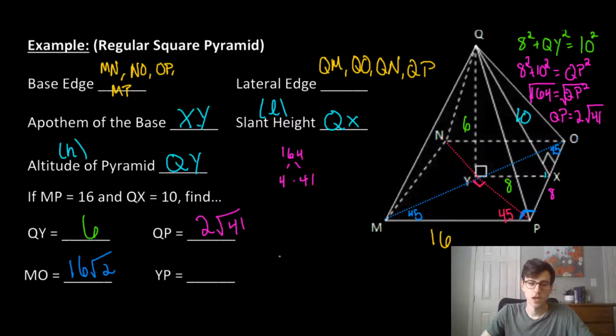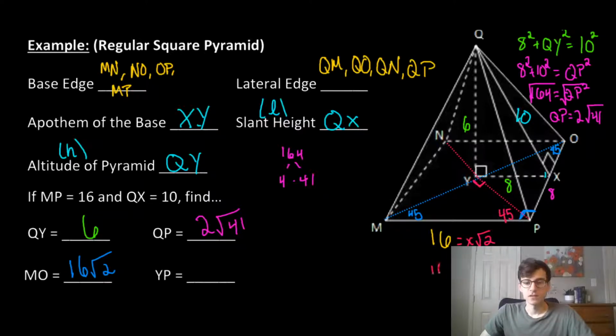So we know that for YP, this is x square root 2. A few too far, sorry about that. Okay. So 16 is equal to x root 2 because of this 45, 45, 90 triangle.